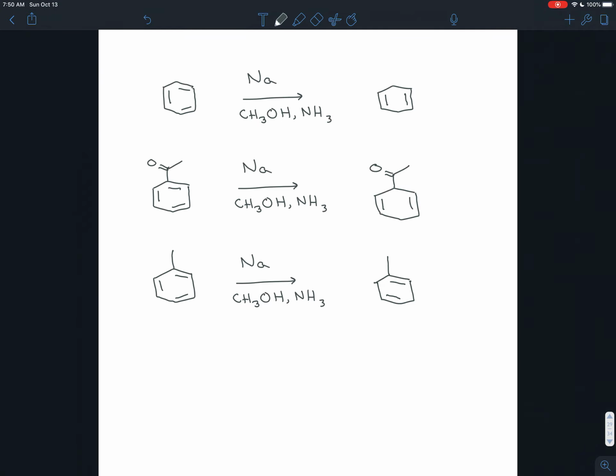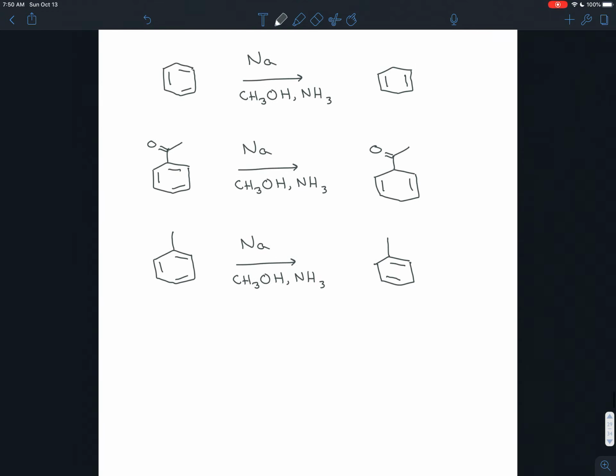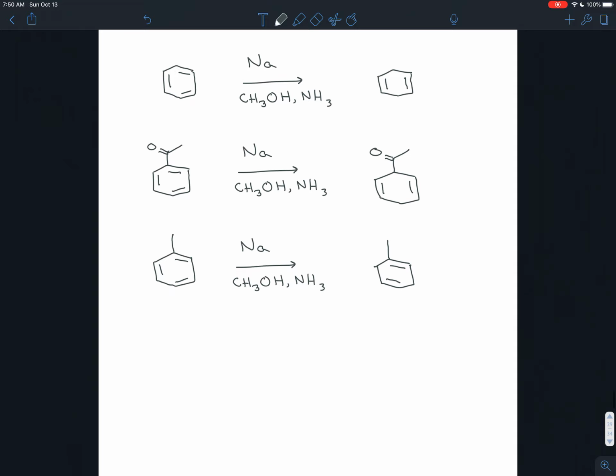And if you have an electron donating group, like an alkyl group, then it will always be attached to one of the pi bonds. So the carbon that gets the hydrogen will always be the one that's next door. So that's a pattern, but where is that coming from?